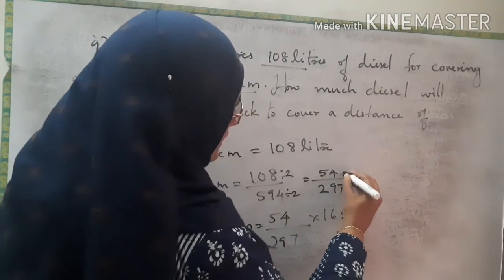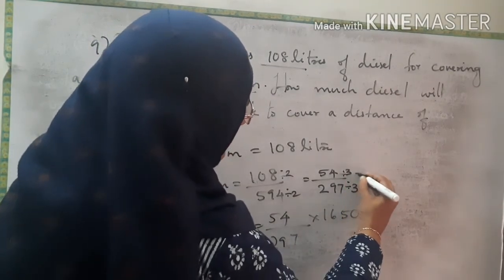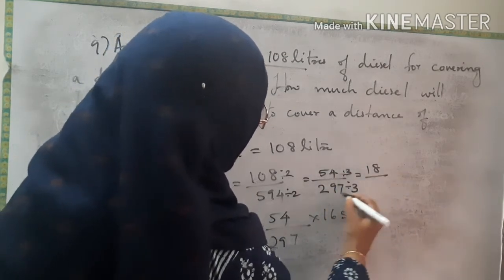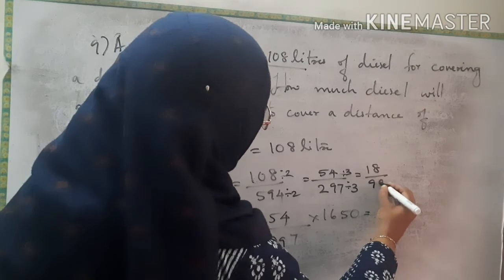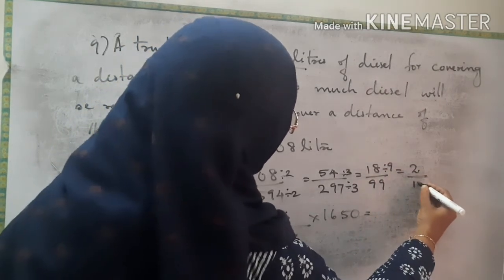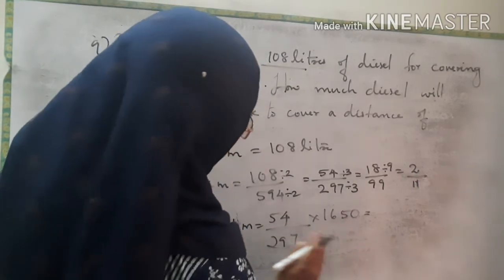See here you can again simplify it by 3. So this will be 18 by 99. Again you can divide with 9. So this will be 2 by 11.